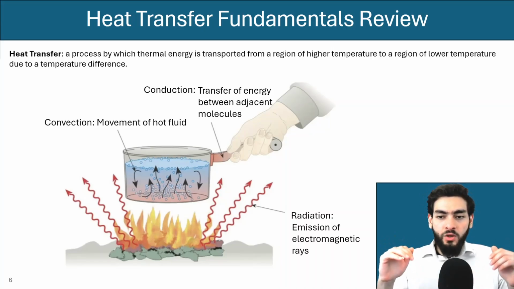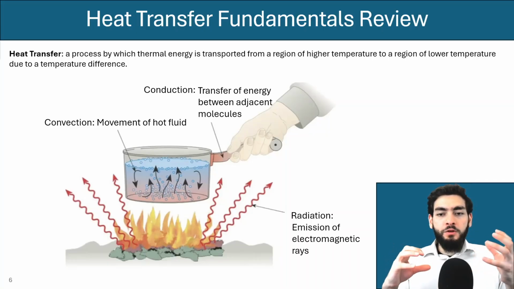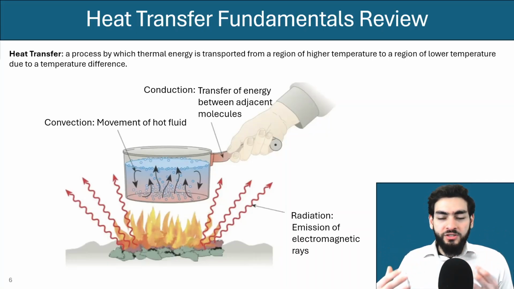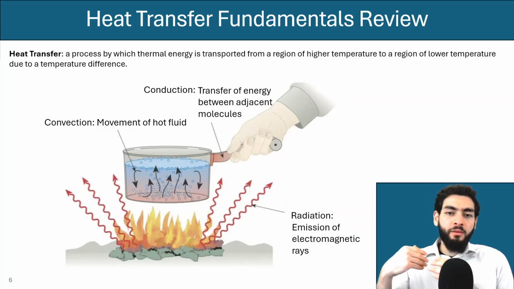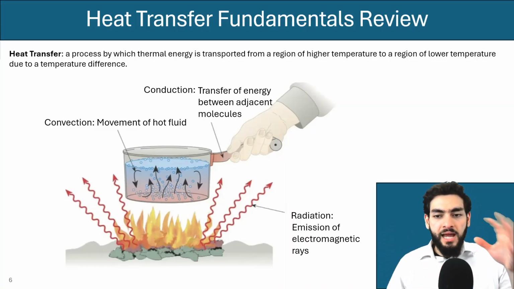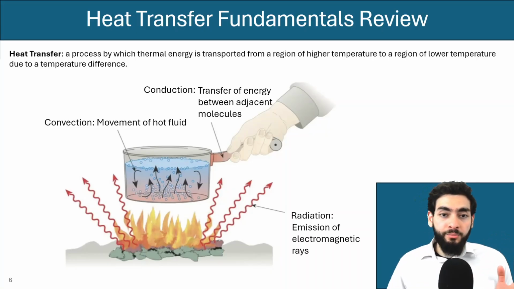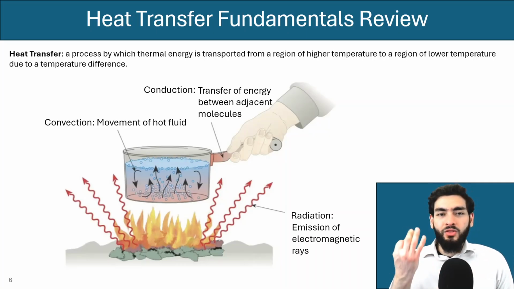We're going to dive into the details about different objects with different surfaces, because not all objects are capable of receiving that energy. Some of them reflect it. We'll go deeper into that when we talk about radiation. But for now, what's important for you to know is that there are three mechanisms of heat transfer.